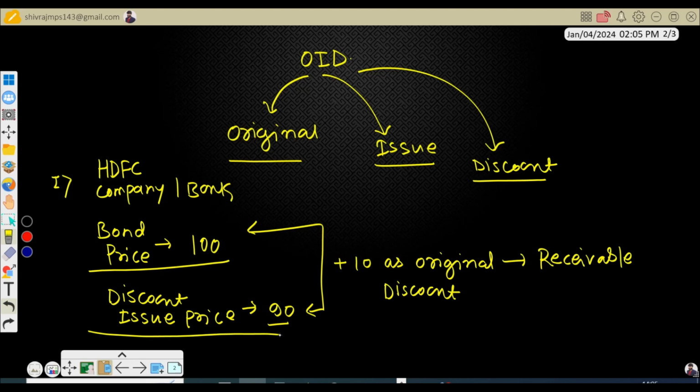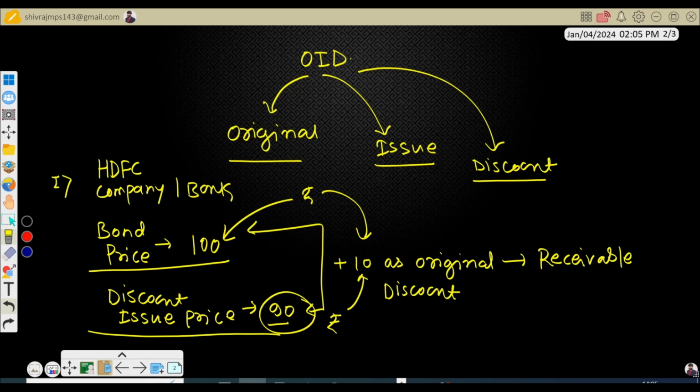If you apply logic, eventually the investor is paying only 90 rupees to get ownership of a 100 rupees bond. So in this transaction, the investor will receive 10 rupees as a discount on an investment worth, let's say, 90. But when will this 10 rupees discount be realized?